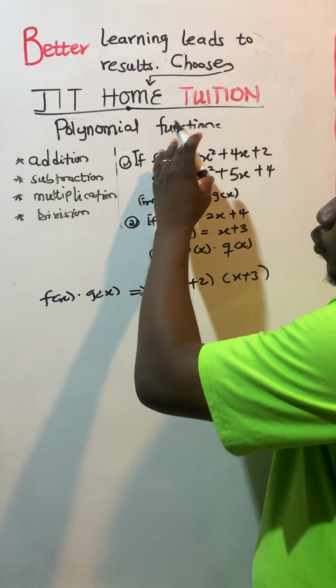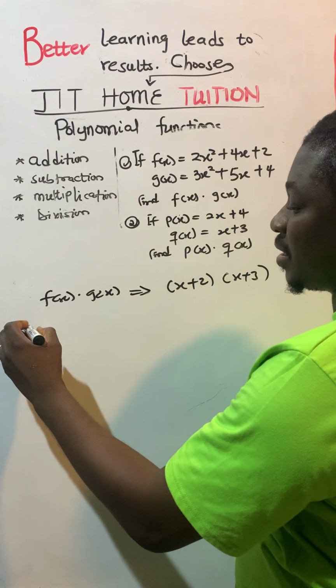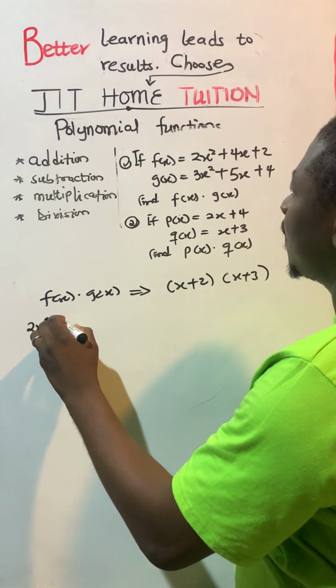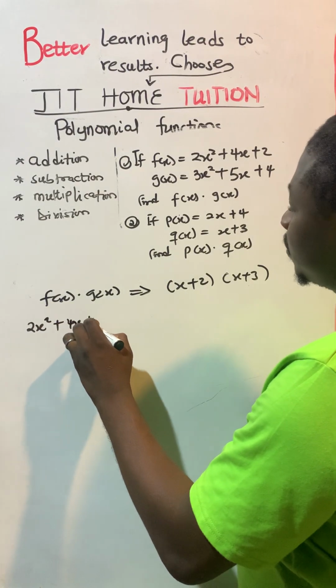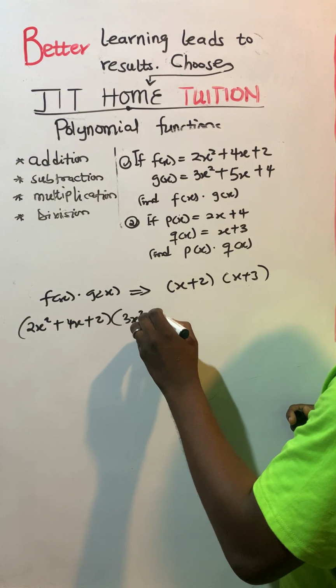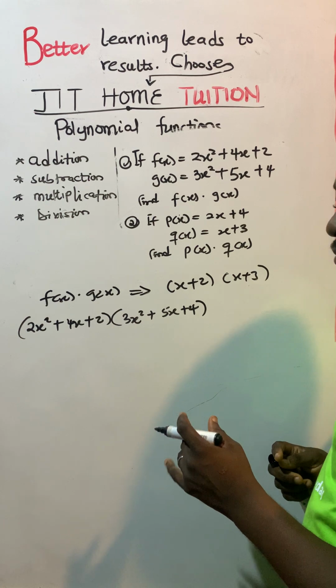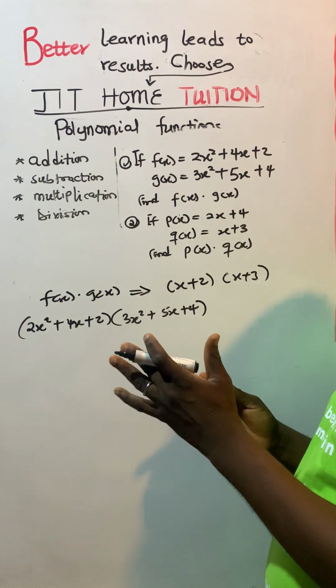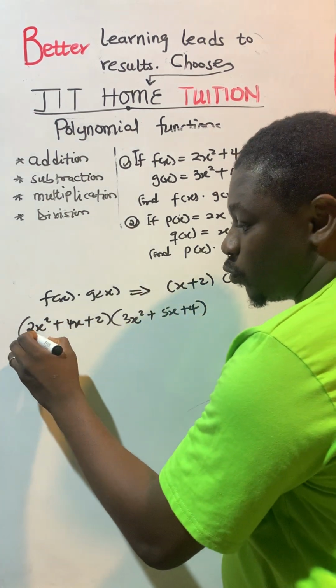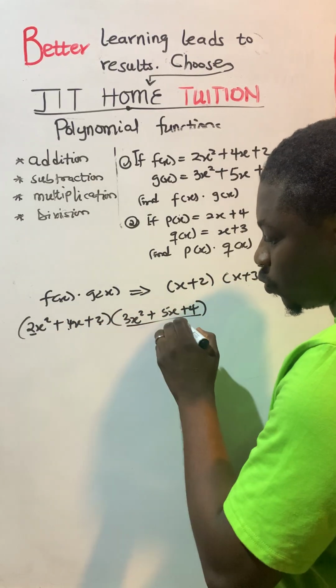So here what you're going to do is write what the f of x stands for. So you have 2x squared plus 4x plus 2 multiplying 3x squared plus 5x plus 4. Okay, so with the understanding that you've received from algebra, this one will multiply the whole of that, this one also multiply it, this one also multiply it.